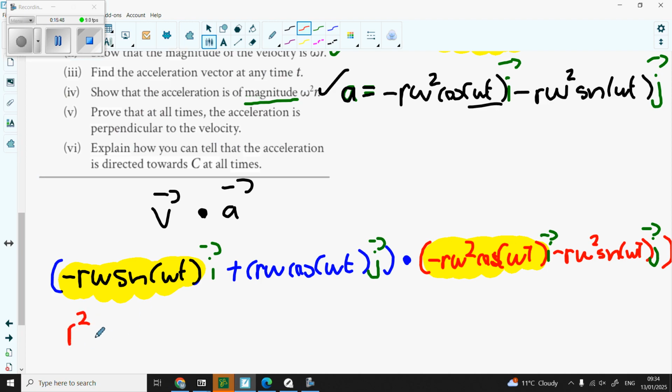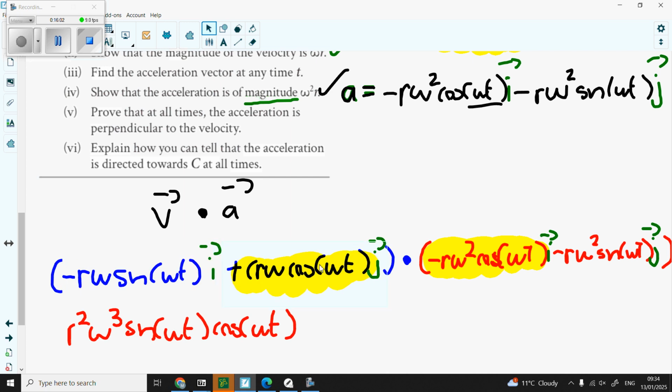All right, how many r's are we looking at? r squared omega cubed sine omega t cos omega t. Okay, and then we're looking at this one multiplied by that one. So what do we get this time?